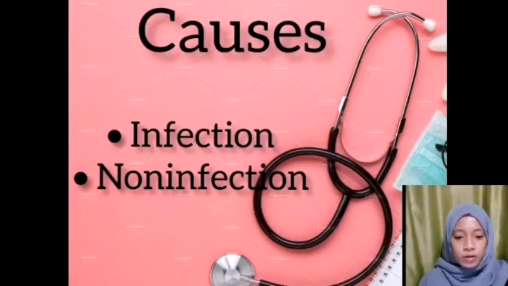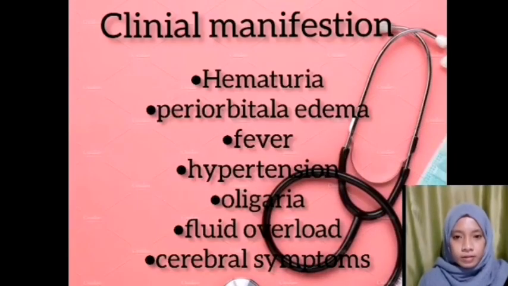Non-infectious causes of acute GN may be divided into primary renal disease, systemic disease, and miscellaneous conditions or agents. Clinical manifestations: symptoms appear 1 to 3 weeks after the onset of a streptococcal infection.